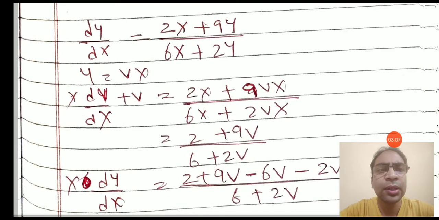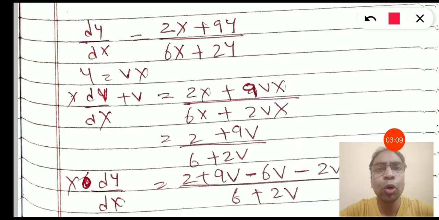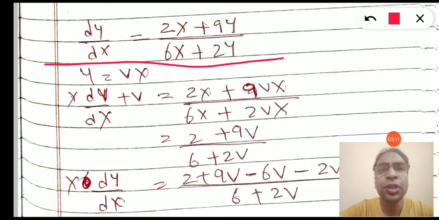The equation is reduced to the homogeneous form. So this is the homogeneous form. Now to solve the homogeneous equation, we will again use the substitution method. If you are not aware about how to solve these homogeneous equations, please watch my video on solving homogeneous equations.